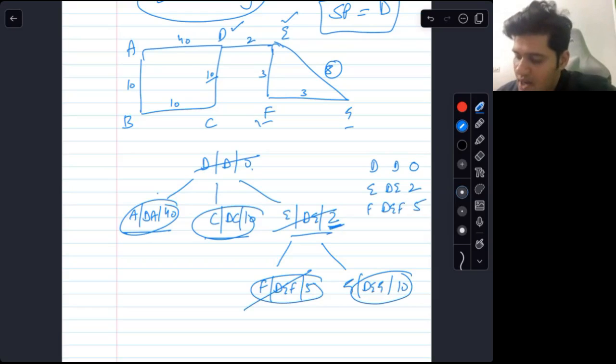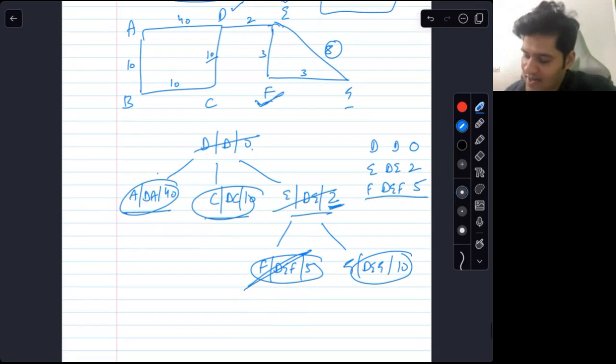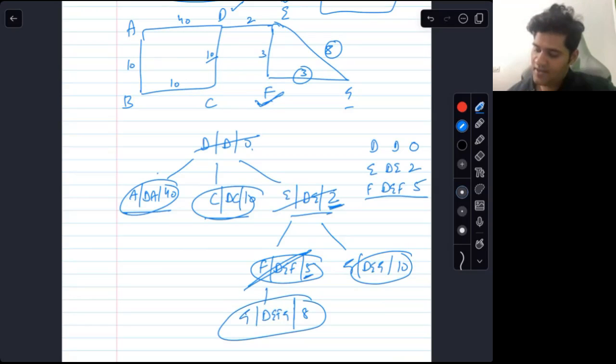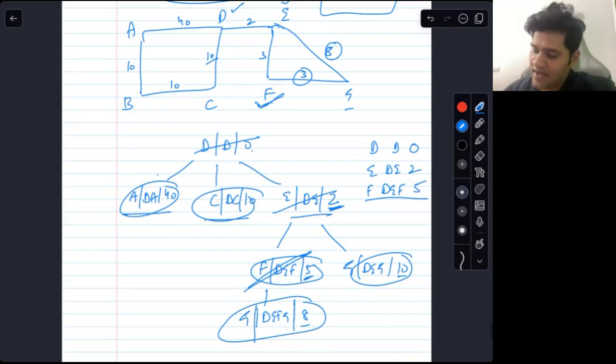Remove, mark, work, neighbors. E and G are the neighbors. E is done, I will have to add G. D, E, F, G. Old is 5, 5 plus 3 is 8. So now I can see an 8 here, 10 here, 10 here, 40 here. So 8 will be removed. Remove, mark, work. G, D, E, F, G, 8.